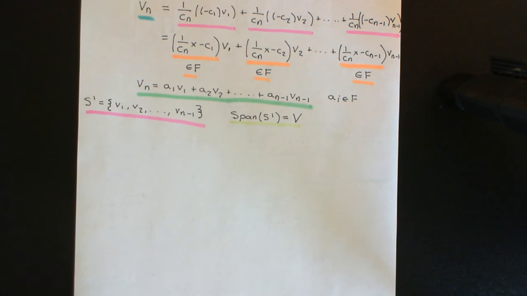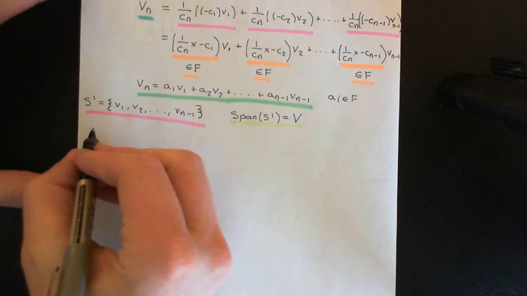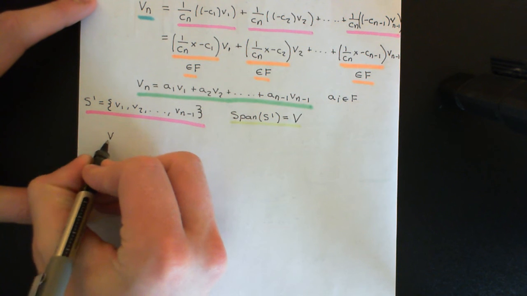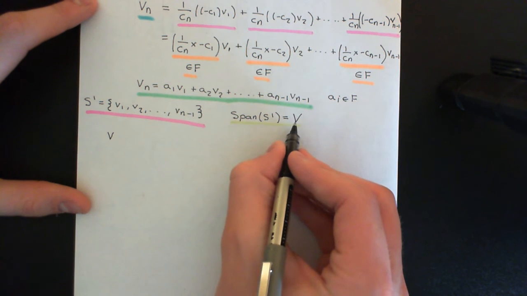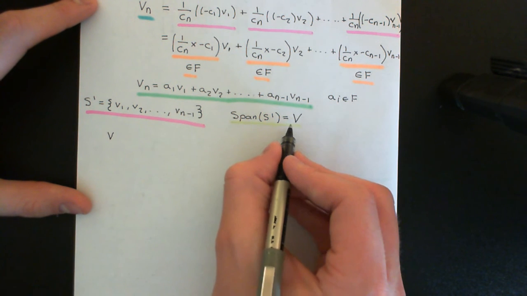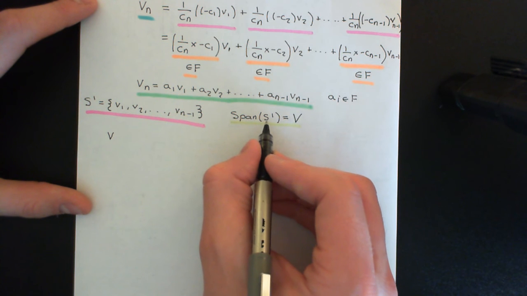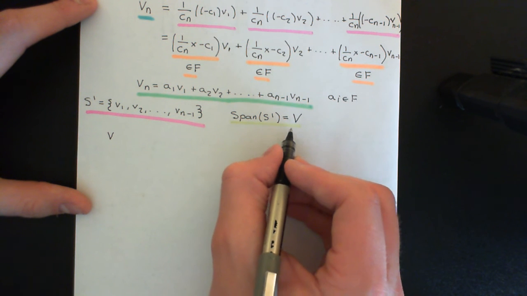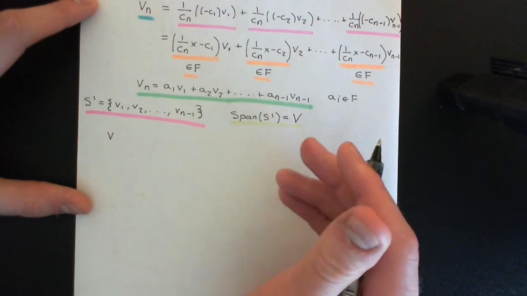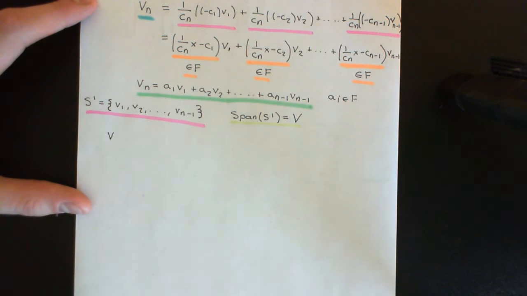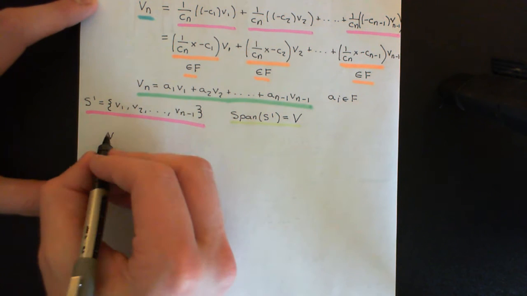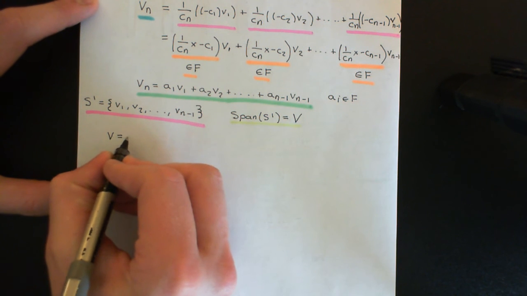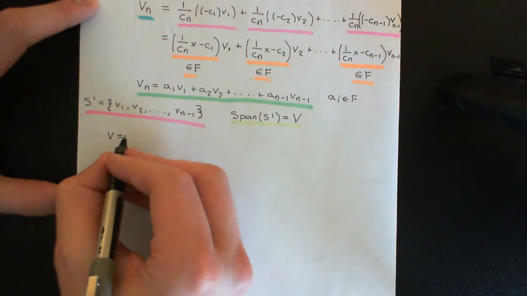So how am I going to prove this then? Well, the way I'm going to prove it is consider an arbitrary vector in the vector space, which I'll call little v. So this is just some arbitrary vector in the vector space. Now, previously, the set capital S, by assumption, was the set that spans the entire vector space, which we knew we could find if our vector space was a finite dimensional vector space. So I could write little v as a linear combination of those vectors.